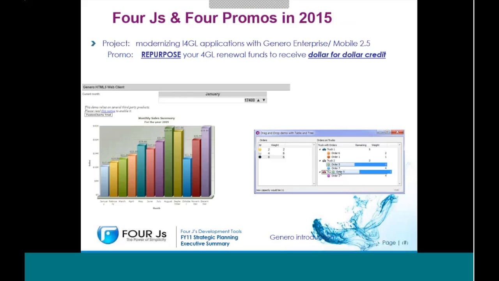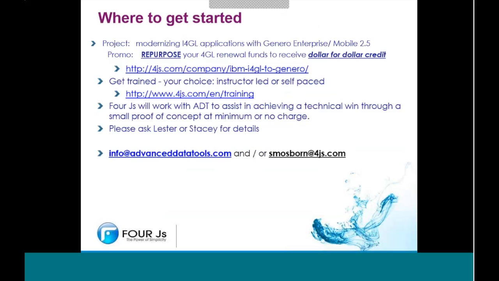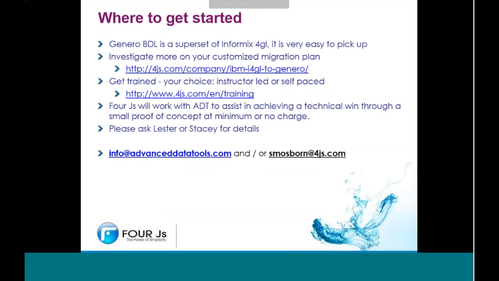Just if you are interested as well, version 3 of Genero, which will be in early access program and available at the end of the year, will come with our latest version of our Genero web client, which is really the latest generation in terms of customization and look and feel. So if you are interested in going to web with a 4GL application, I would certainly take a look at our new Genero web client.